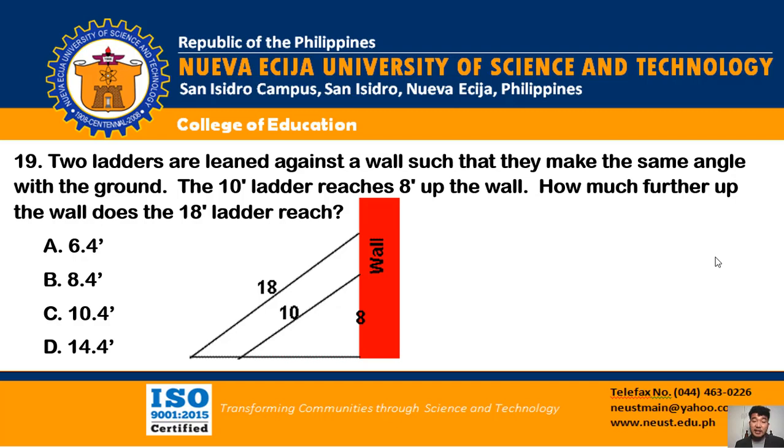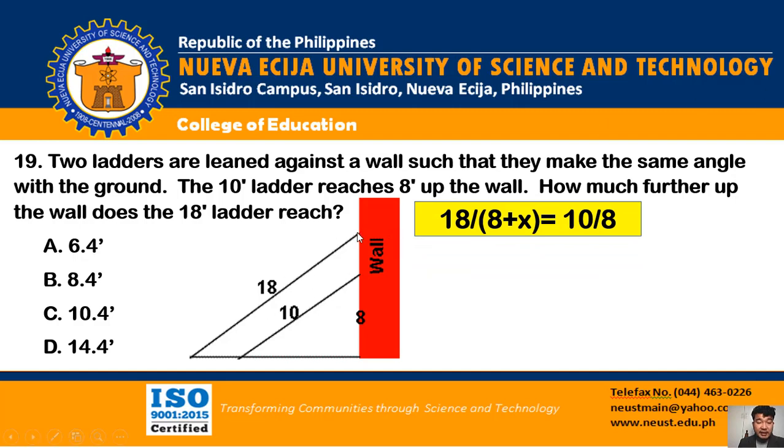What you have to do here is to, again, make a proportion out of the given. From this figure, we can say that 18, this hypotenuse, over 8 plus x, since this is x, then this whole segment is 8 plus x, equals 10, the hypotenuse, over 8.